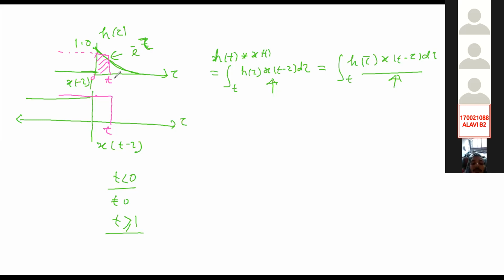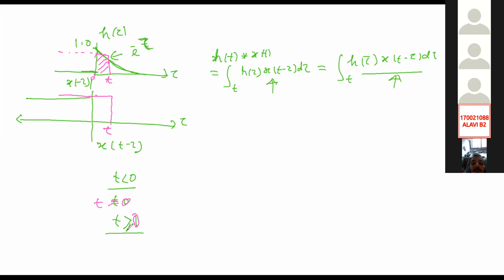Yes, sir. That overlap will continue for t greater than or equal to 0, not 1. At t equal to 0, your overlap begins and it will continue for other values of t towards infinity, isn't it? Yes, sir.